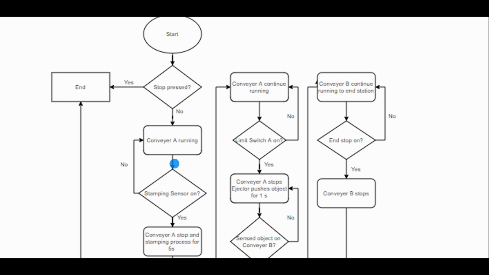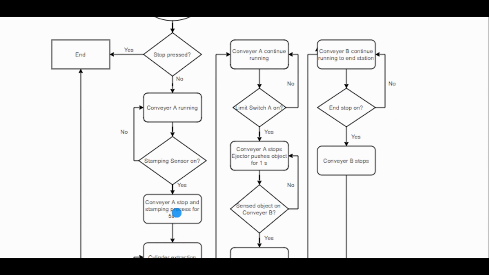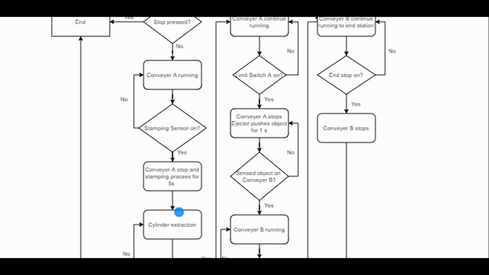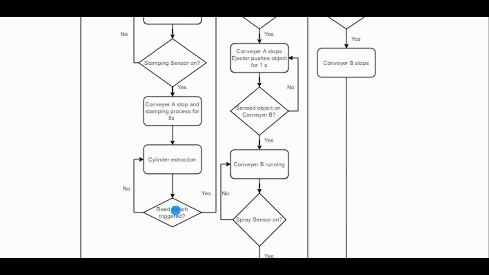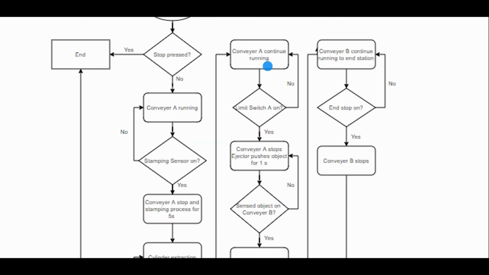If the stamping sensor is on, conveyor A will stop and the stamping process runs for 5 seconds. Then, the cylinder retracts. If the reed switch is not triggered, the process will stop at cylinder retraction.